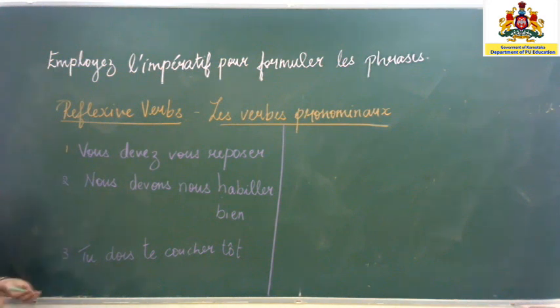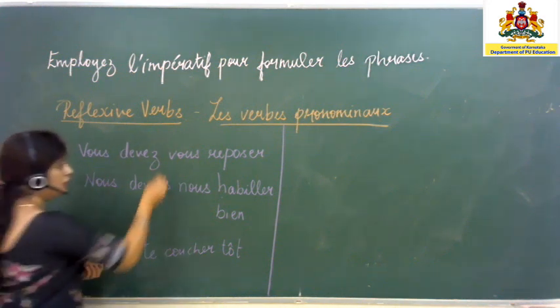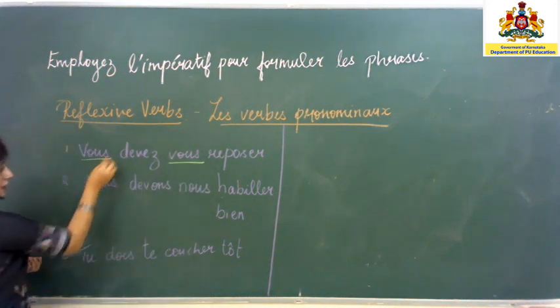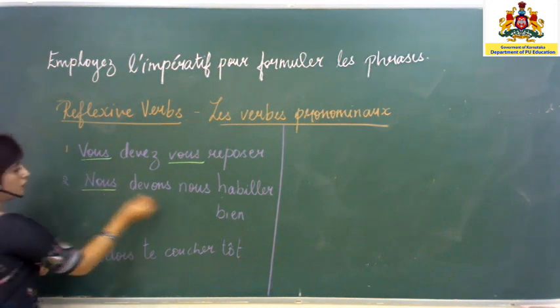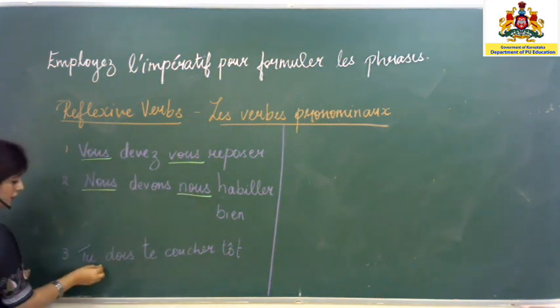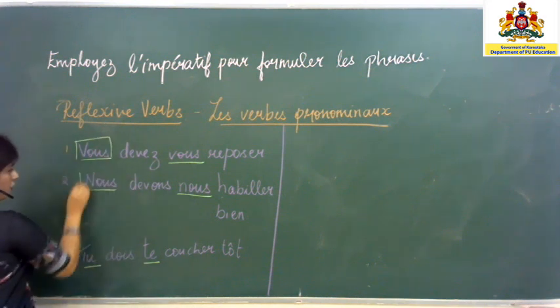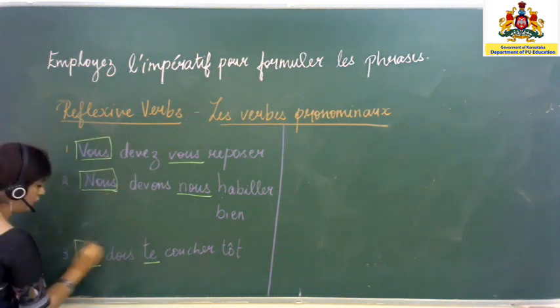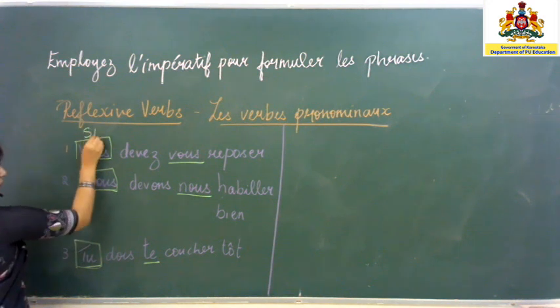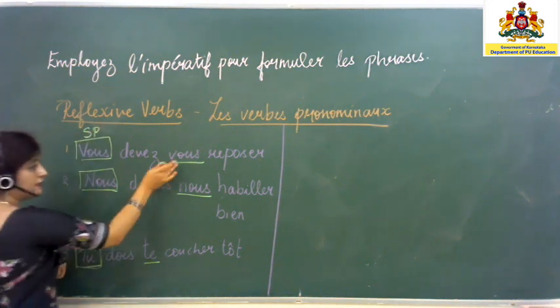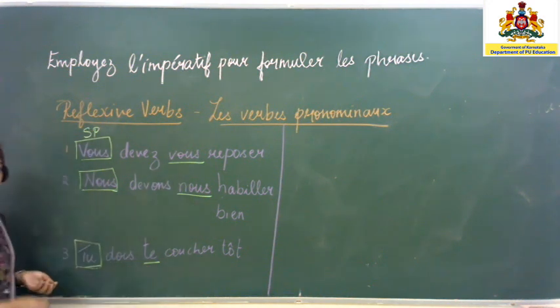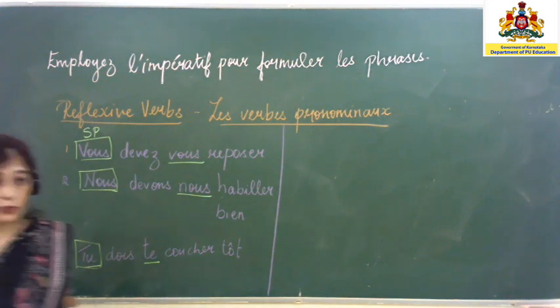So these could be the sentences. So you can see over here, you have one vous and a second vous given here, one nous and a second nous given here. Here you have tu and te. So the first one in all the cases are your subject pronouns. Fine. And the second one that is given to you are your reflexive pronouns.